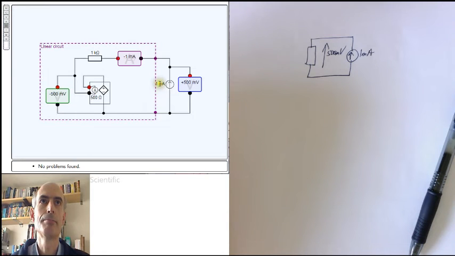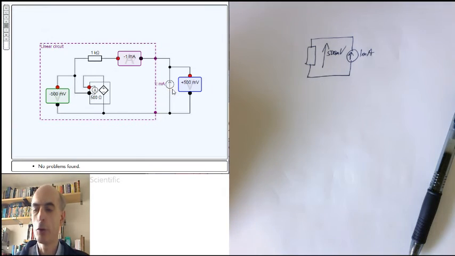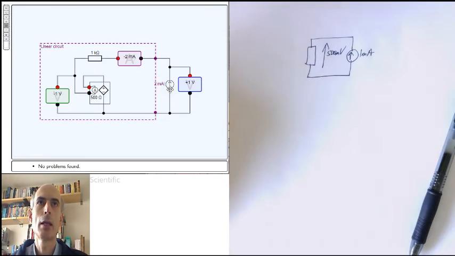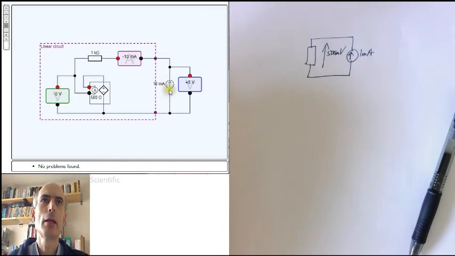Yes, I do. And if I put 2 milliamps into it, I get 1 volt. And if I put 10 milliamps into it, I'll get 5 volts. It's behaving exactly like a 500 ohm resistor. The voltage across it is proportional to the current flowing through it, and the constant of proportionality is the resistance, 500 ohms.